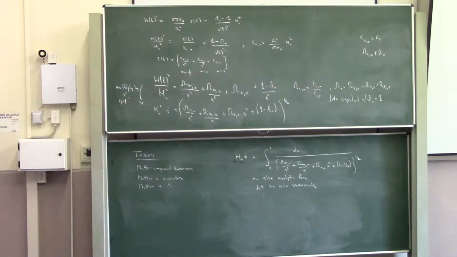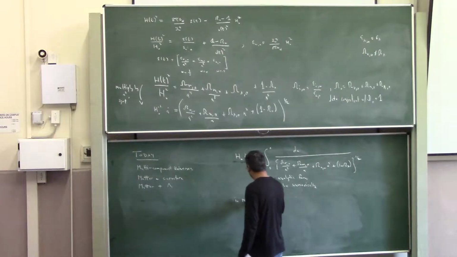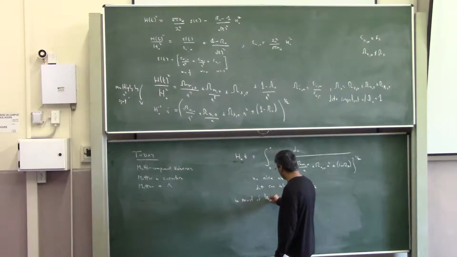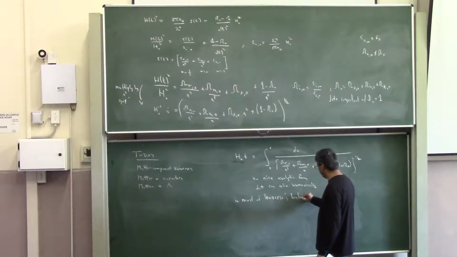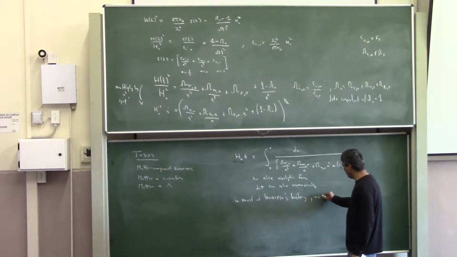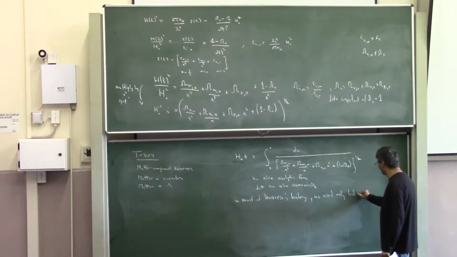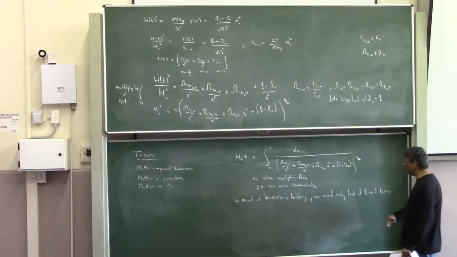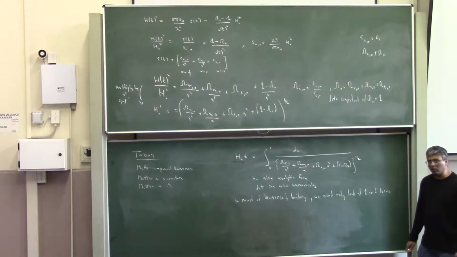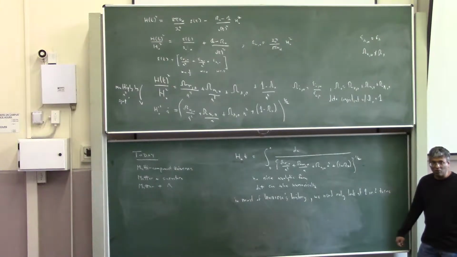But the good thing is that in most of the universe's history, we need only look at one or two terms. So last week, we studied what happens when we only look at one term. So this week, we'll focus on basically this equation when we look at two terms, for the most part.